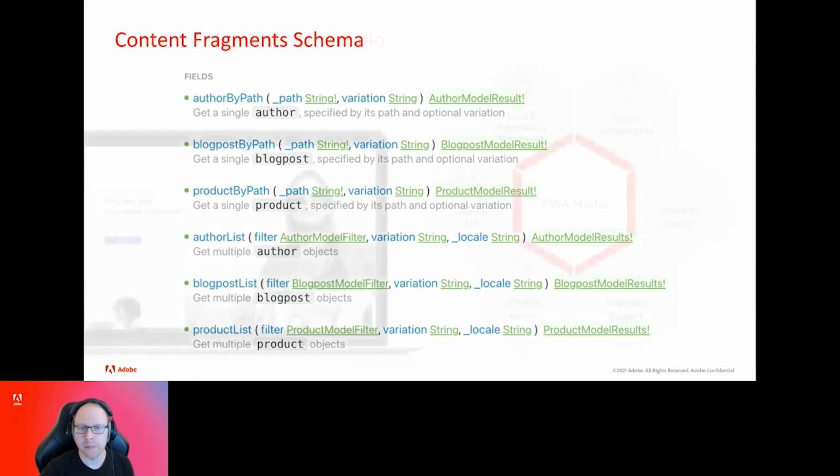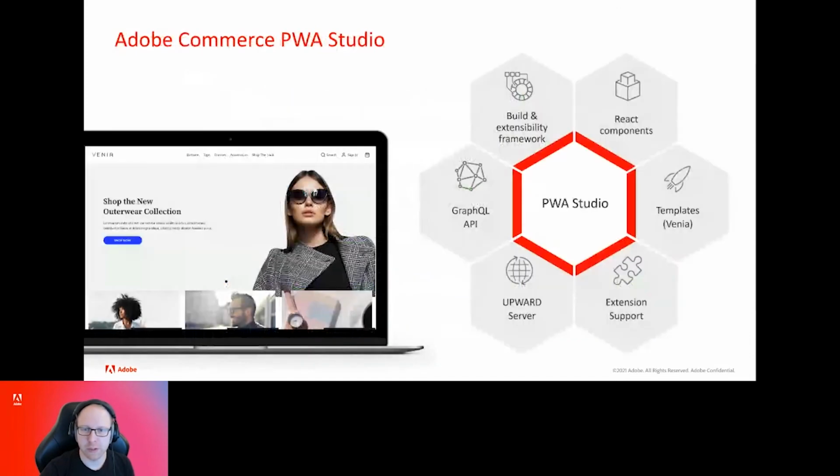Okay, let's talk a bit about Magento or Adobe Commerce PWA Studio, which we use to bootstrap the Venia storefront you just saw in the demo. With PWA Studio, you can build your own storefront as a Progressive Web App, or PWA. And with the included Venia template, you can have a fully functional running storefront up in seconds.